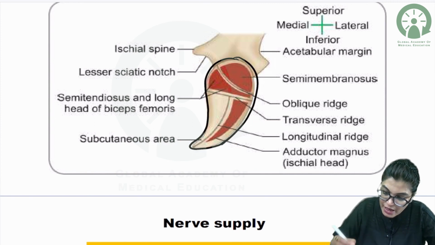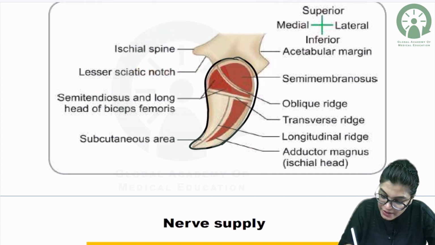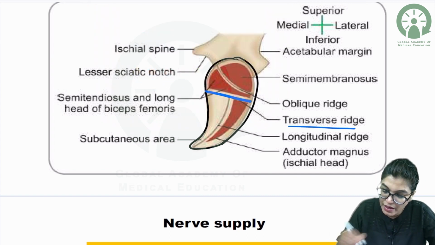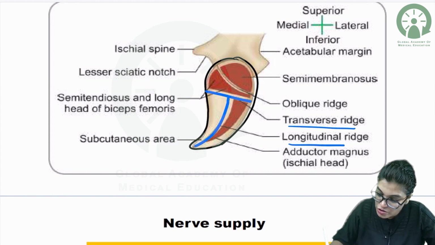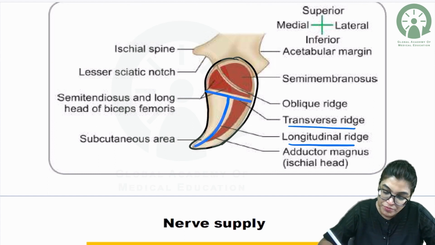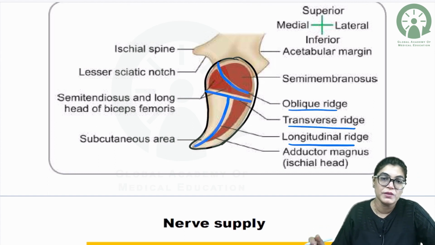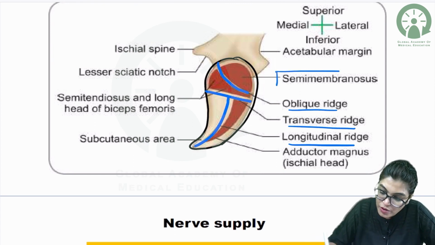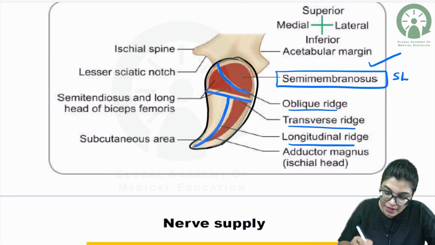Okay, now I told you all the muscles of the hamstring group originate from the ischial tuberosity. Now, in this diagram, you can appreciate that it is divided by a transverse ridge into upper and lower parts. The lower part is divided by a longitudinal ridge into lateral and medial, and the upper part is divided by an oblique ridge into supralateral and supromedial parts. The supralateral part gives origin to semimembranosus.